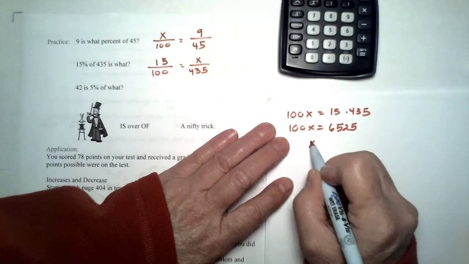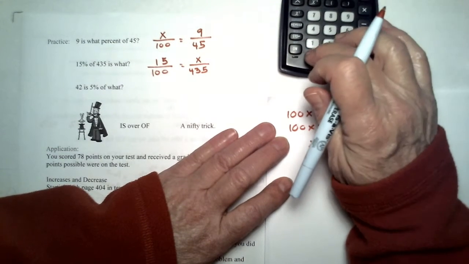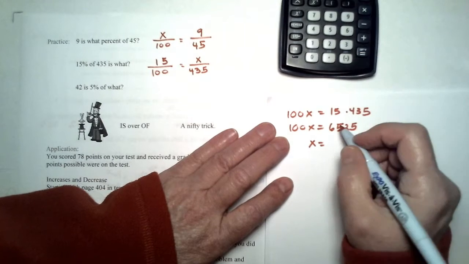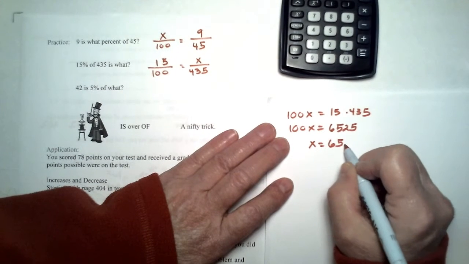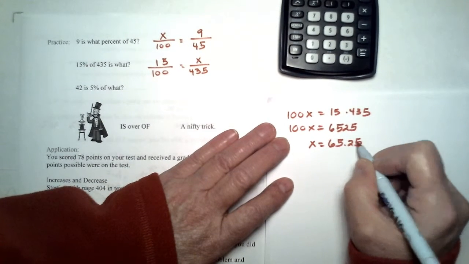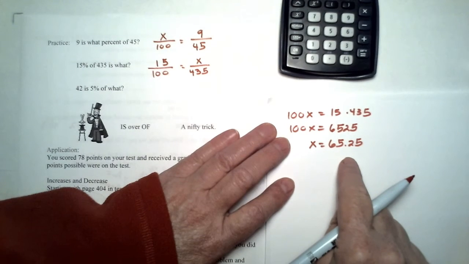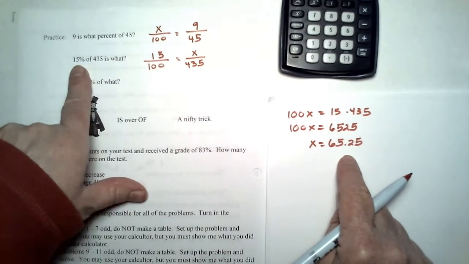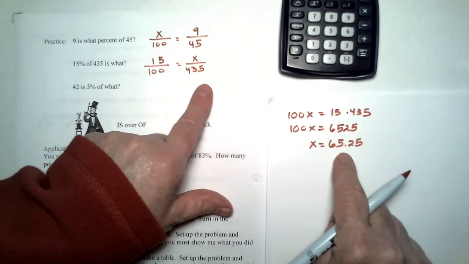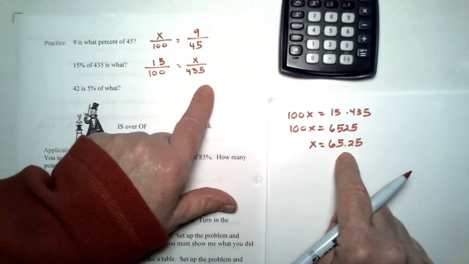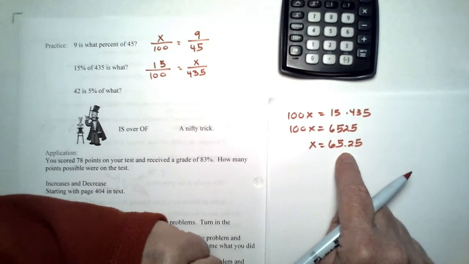And x is equal to, if I divide that by 100, I end up with 65.25. Now remember, this is not the percent. I was given the percent. This is the part. So that would be the answer to this proportion.